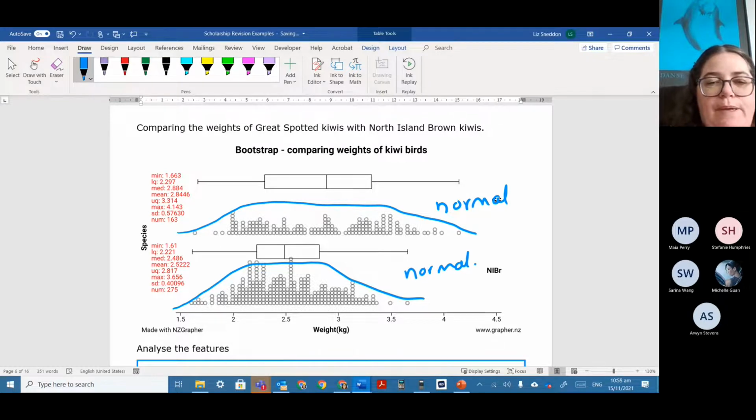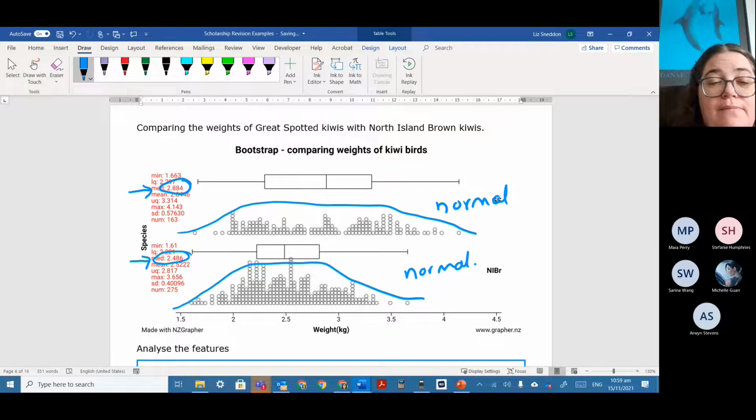Then center, what would we compare for center? Let's go for medians. Yeah. So we want to compare the medians, and we're talking about the median weight of our great spotted being 2.884 kg, and the median weight of our North Island brown being 2.486.